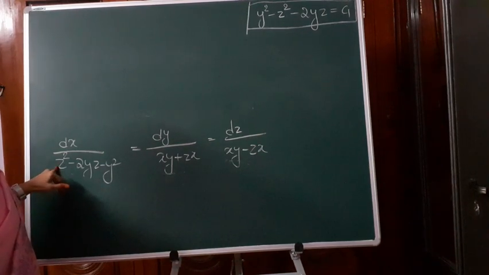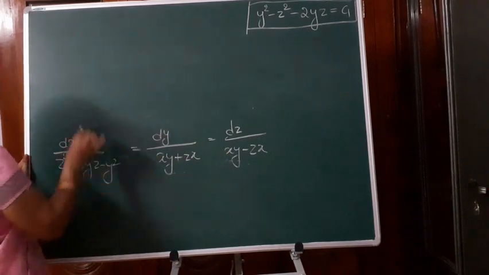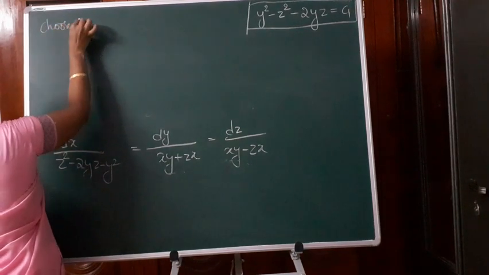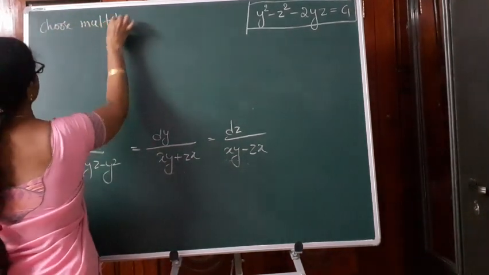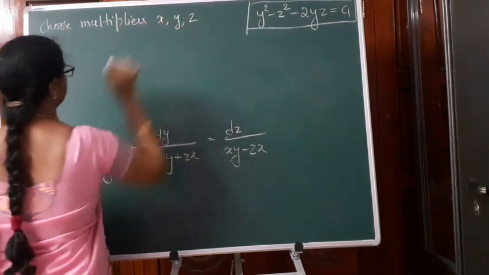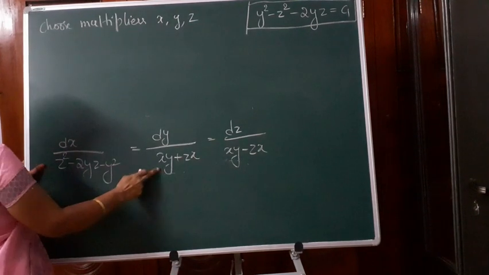What multipliers can we take here? Suppose we take x, y and z. So choose multipliers as x, y and z.